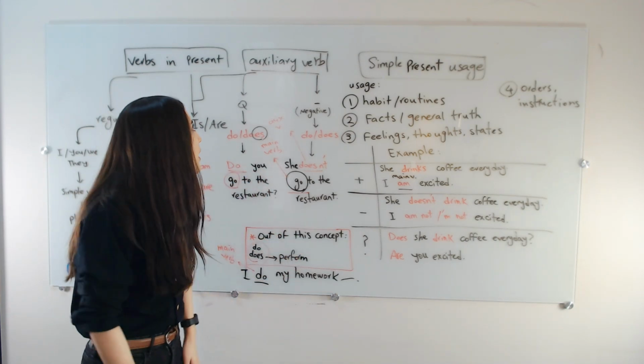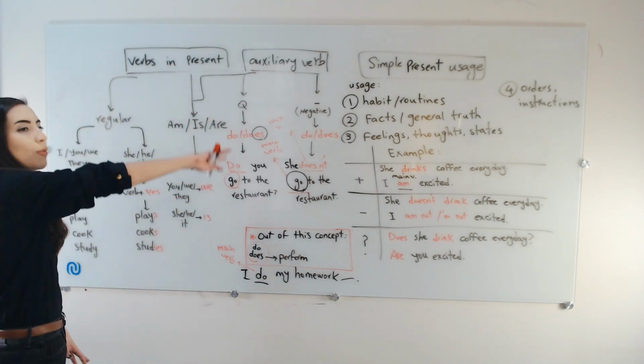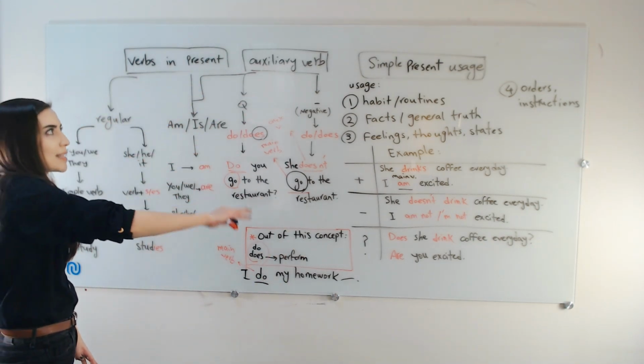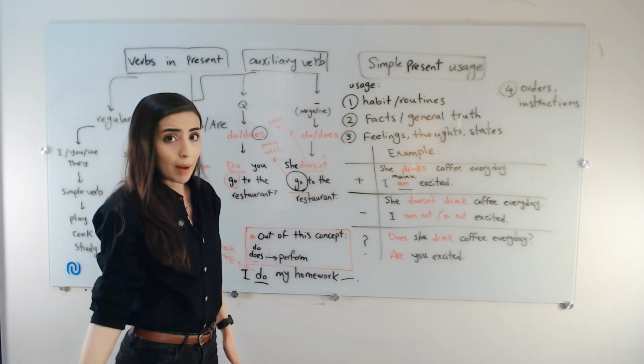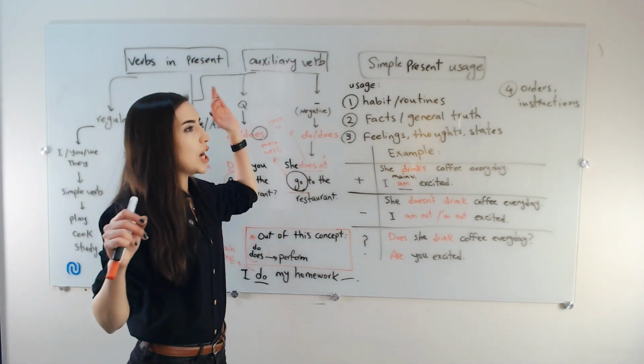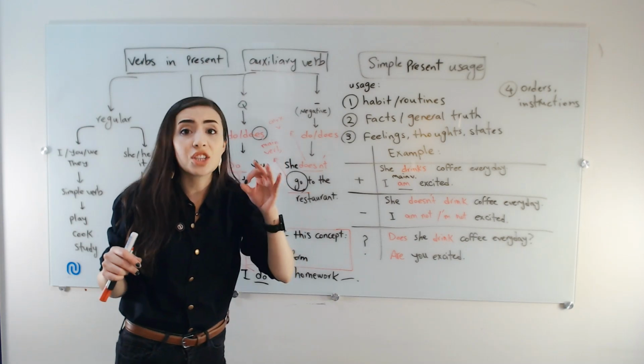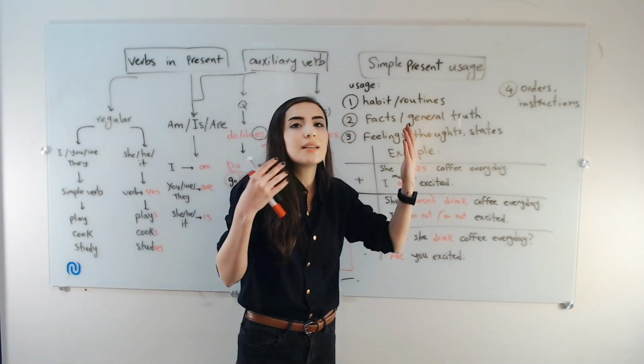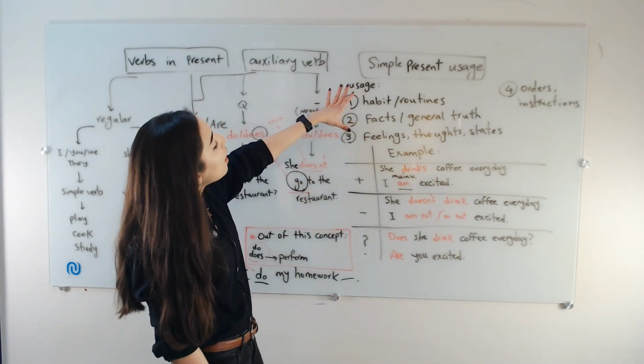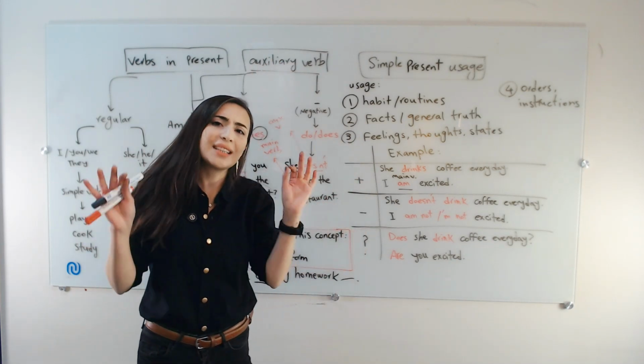Okay, now that we know the way that we use the verbs in simple present and the auxiliary verb of simple present, it's time to dive into the usage and the conditions in which we actually use simple present. So these are in 4 main categories. Keep that in mind.